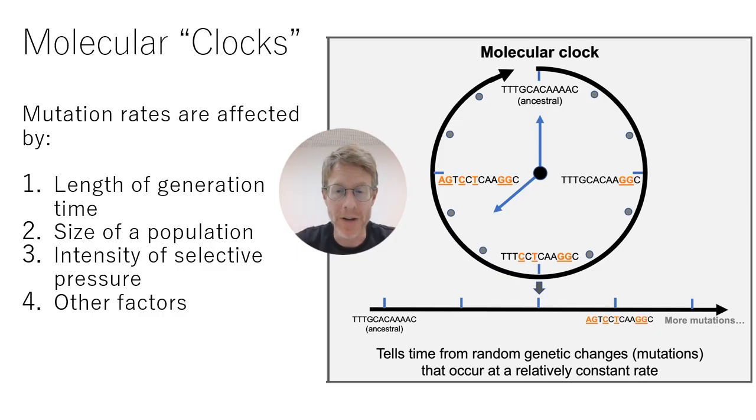The environment's not constant, and because of that, these changes are not consistent across time. And there are other factors as well. So it's a rough clock. It's a rough way to estimate how closely or distantly related species are that exist today.